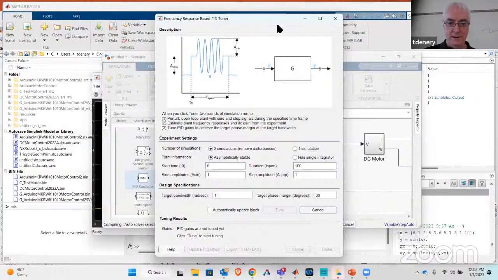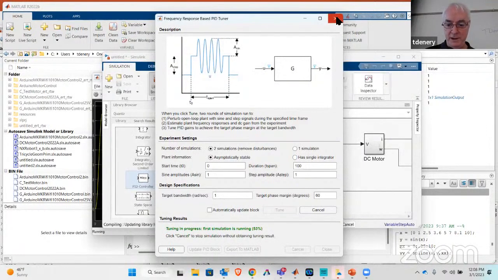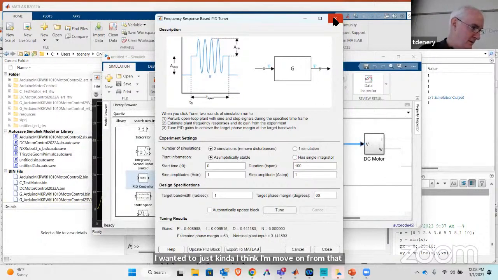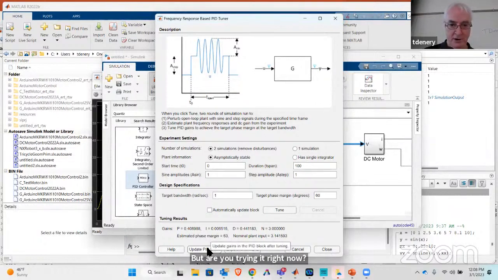I think I'll move on from that. Okay, I see this one. So I'm going to update the PID block.